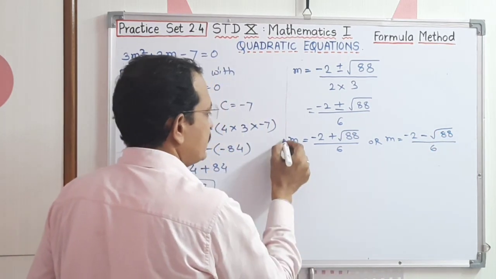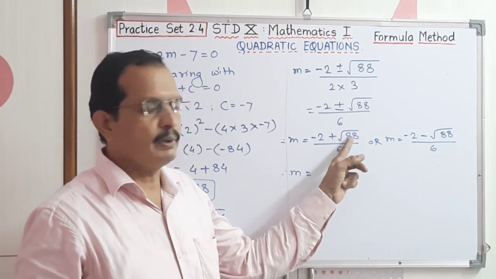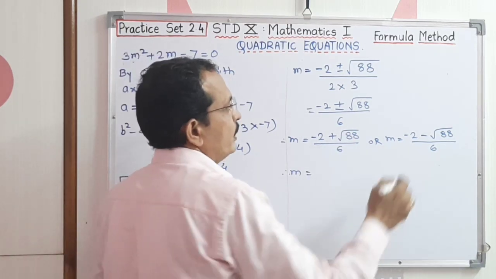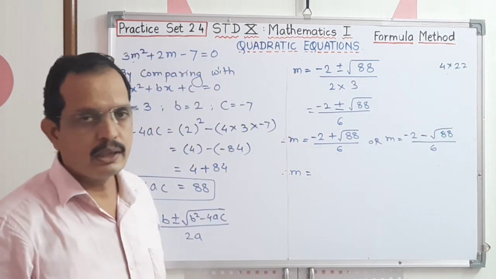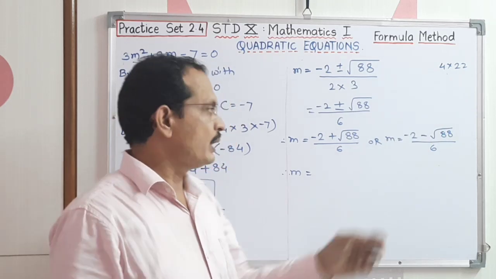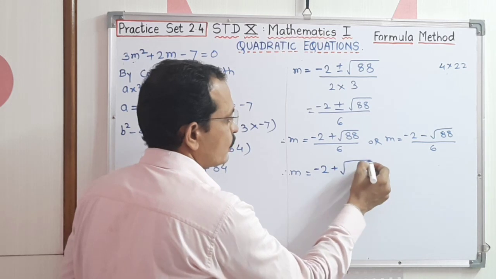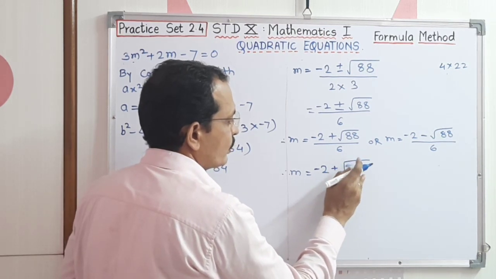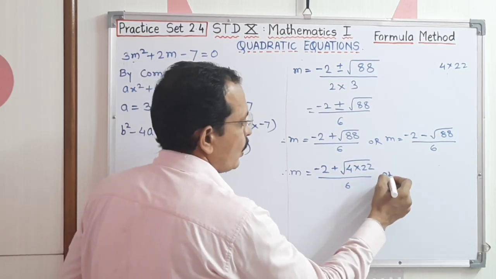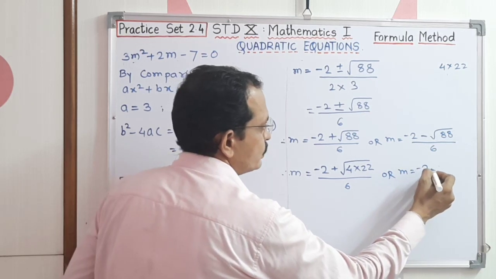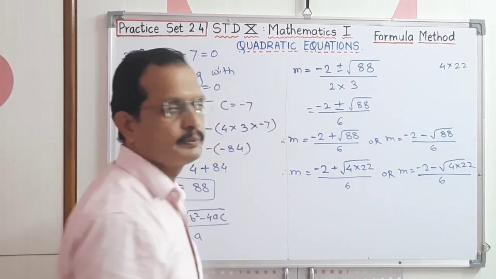Now we can simplify this. This 88 we can simplify. Now see, if we write 4 into 22, then we get 4 as a perfect square number, and that will help us to simplify this. We can write m is equal to minus 2 plus under root 4 into 22 upon 6, or m is equal to minus 2 minus under root 4 into 22 upon 6.